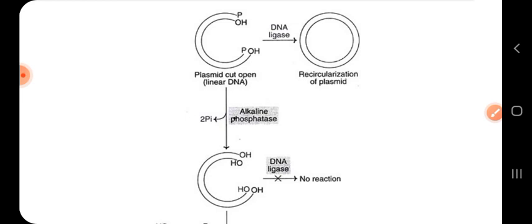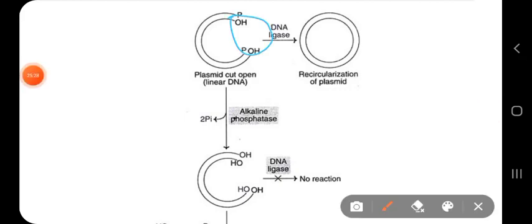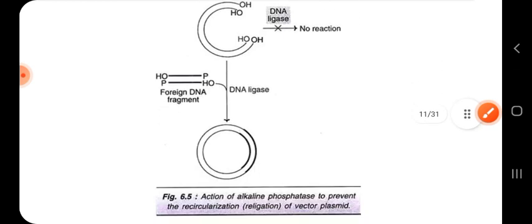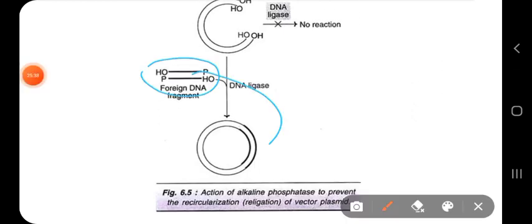Obviously, theoretically it is easy, but practically it is very difficult to do this experiment. How is it possible to ligate in this site only? For that we need confirmation. For that we need selection. The DNA fragment is ligated here. What's the proof? We cannot see the DNA, right? So for that reason we do selection.